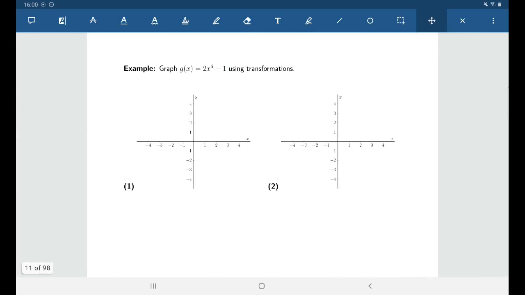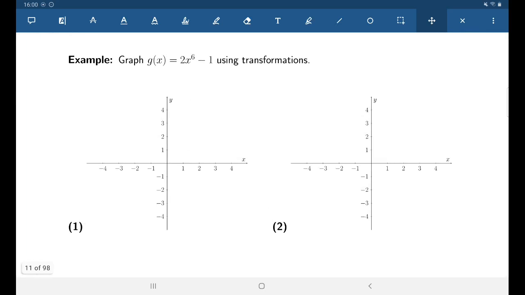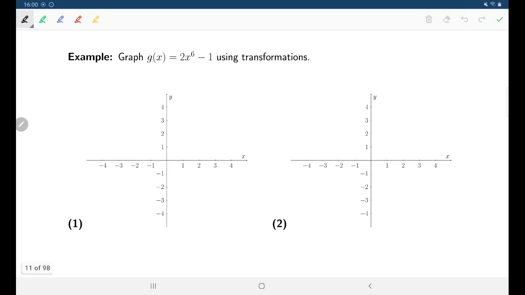We'll do one more. Here I've got g of x being a transformed x to the power of 6 function. And for x to the power of 6, that should look pretty much the same as a parabola, y equals x squared. So same 3 points, same general shape.